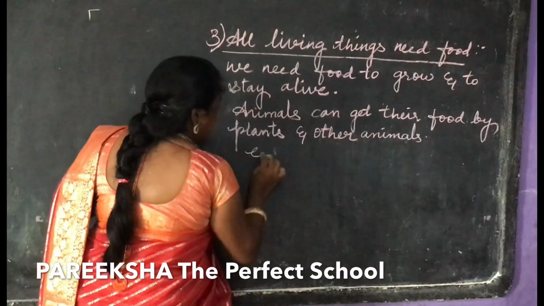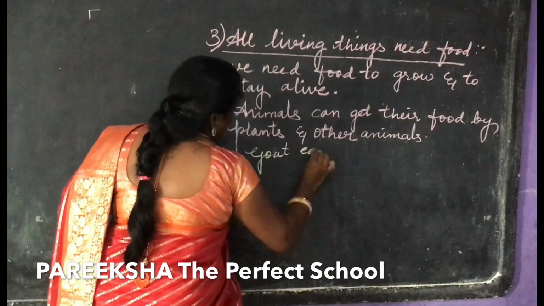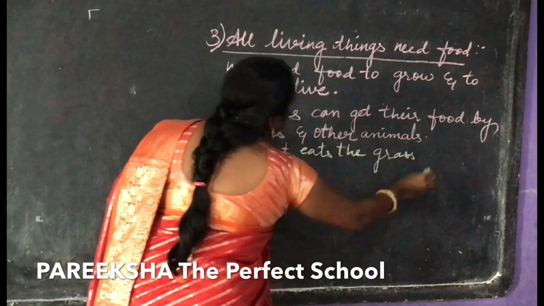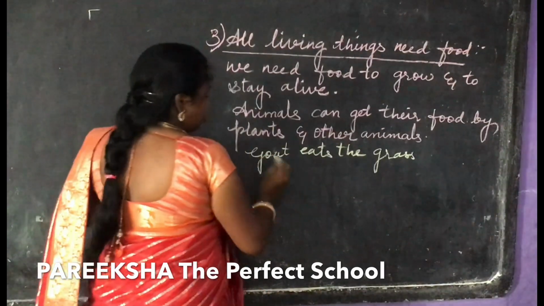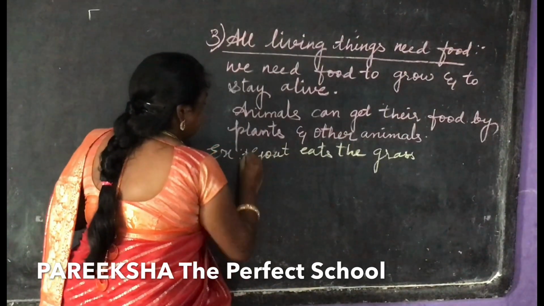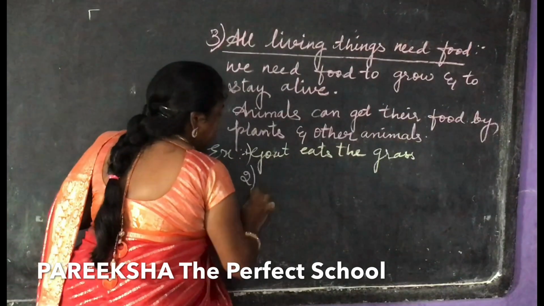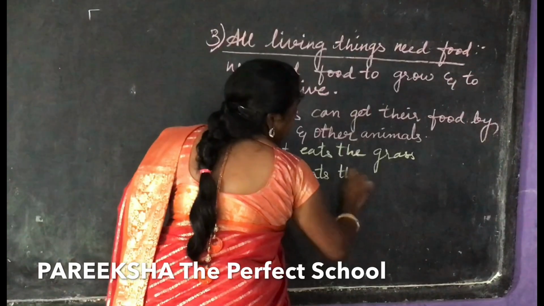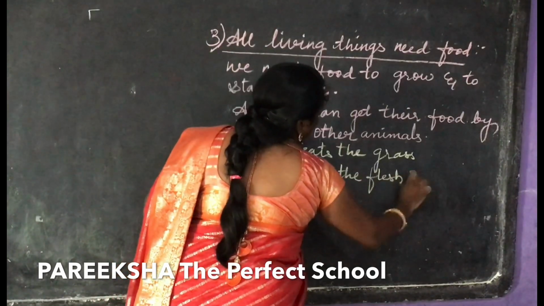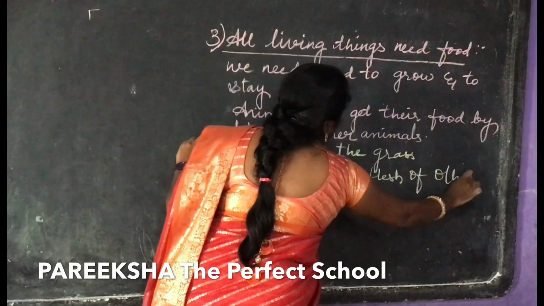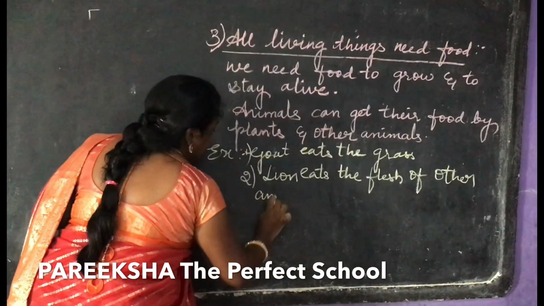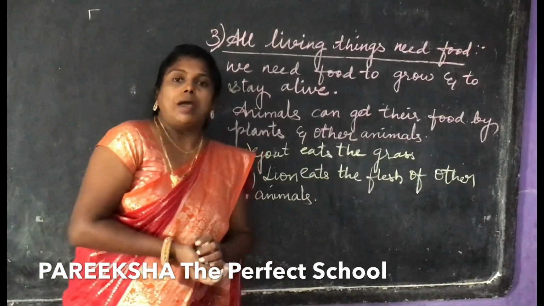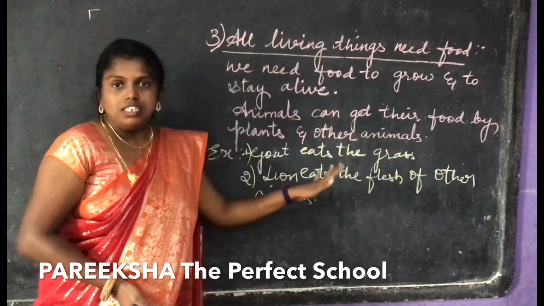What does a goat eat? The goat eats grass. The first example is the goat eats grass. Second, the lion eats the flesh of other animals. Human beings also get their food from plants and animals.